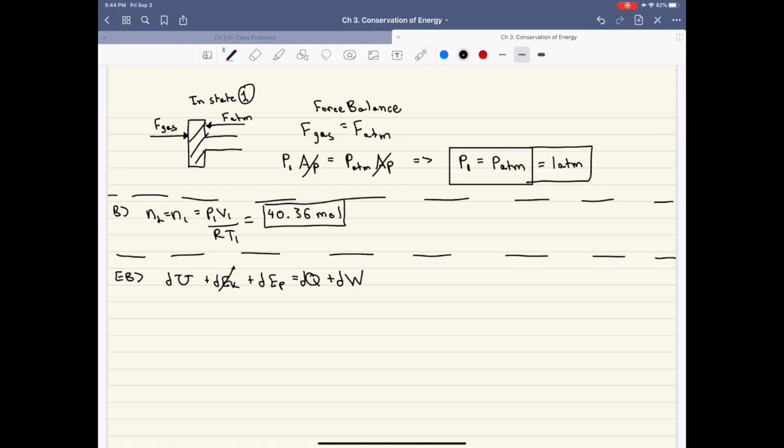We don't care about changes in kinetic or potential energy, and because the system's adiabatic, we don't have any heat that we need to care about. And so what we're left with is that dU is equal to dW. Okay? Now, for dU of the gas, we could write it in terms of the heat capacity, specifically the constant volume heat capacity.